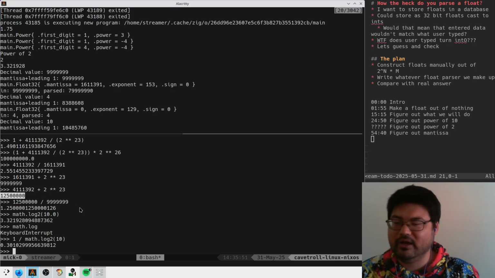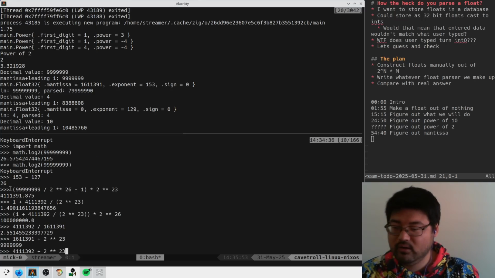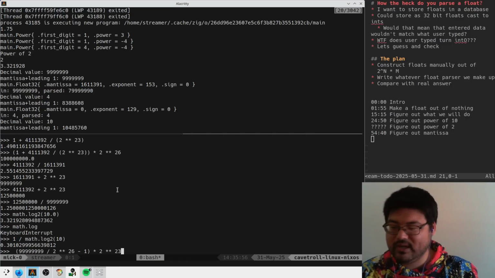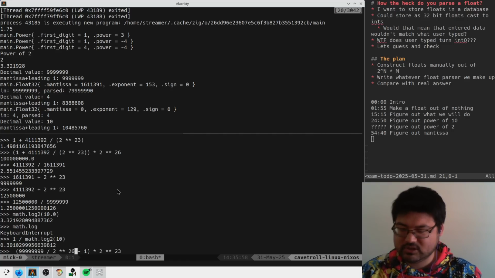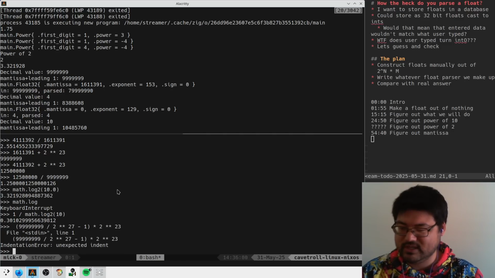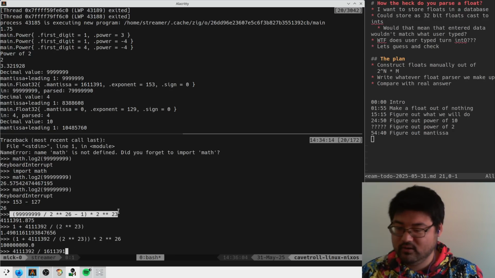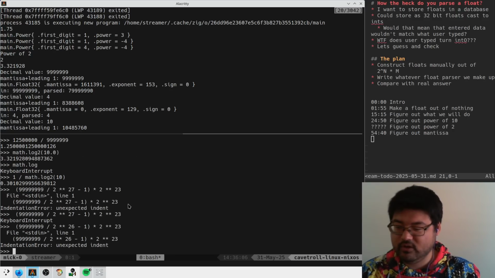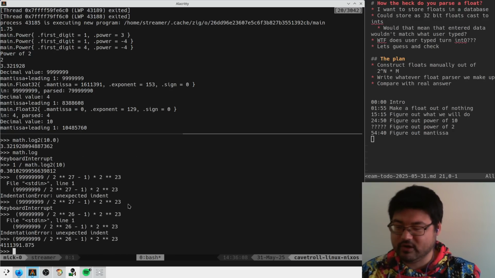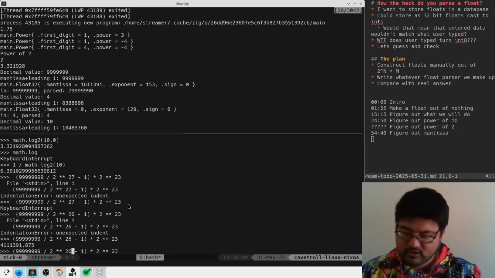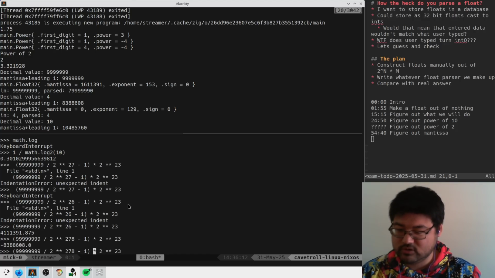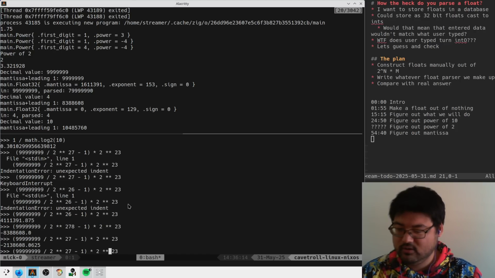Okay, what if we guessed the power wrong here? Let's just throw in these, like 26, 27. Oh, unexpected indent. I see. Python. So 27, or sorry, 27.